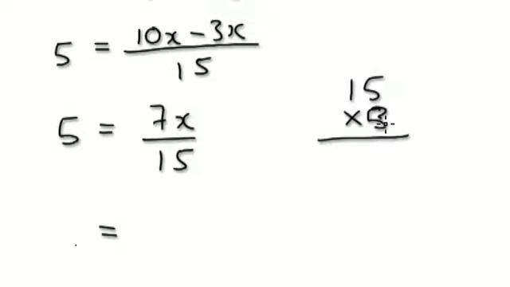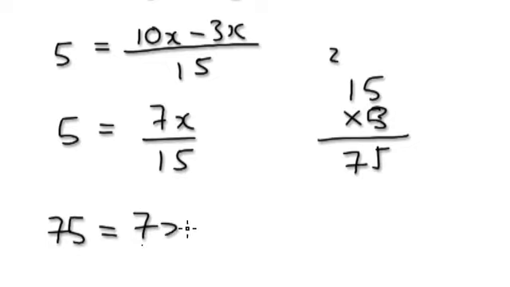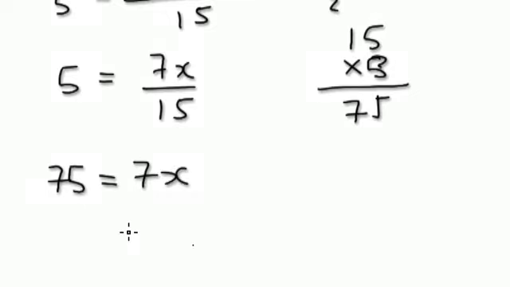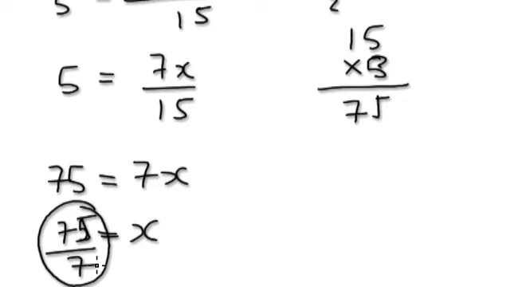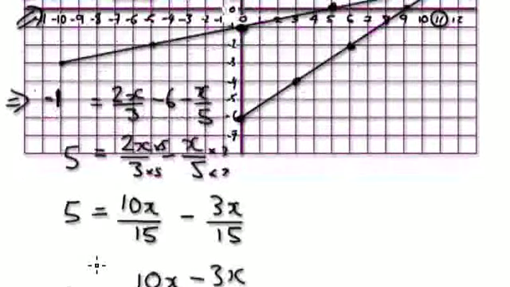Times 15 to both sides, this will be 75, and then divide both sides by 7. So x is given by 75 over 7.